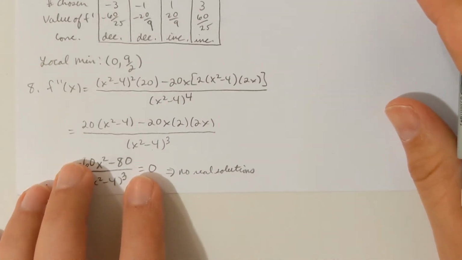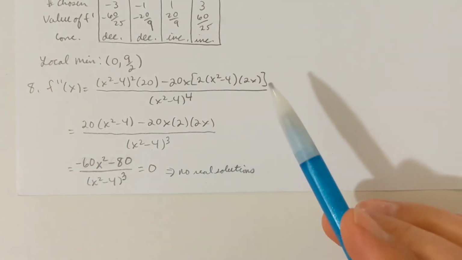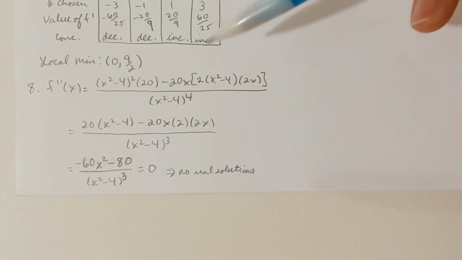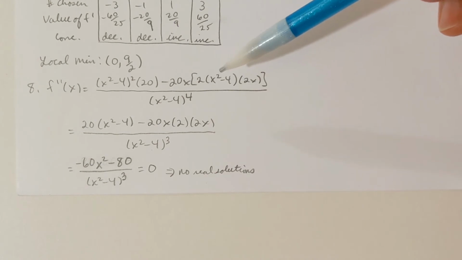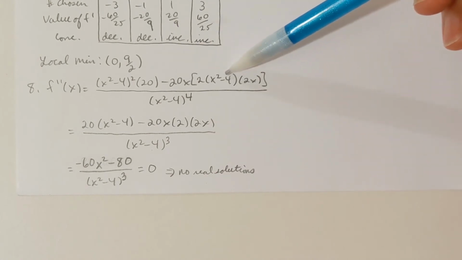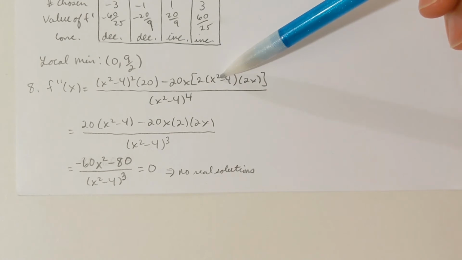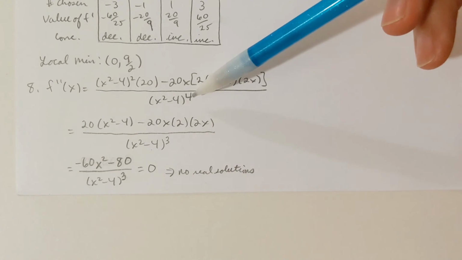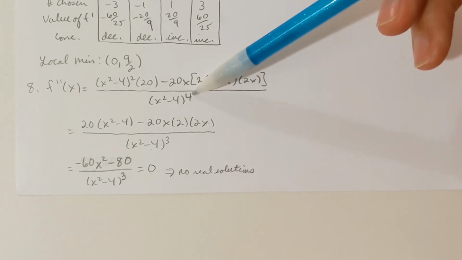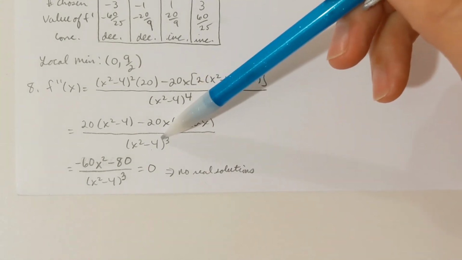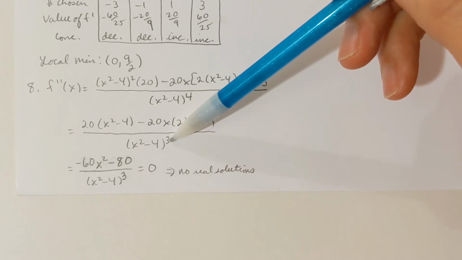I'll need to set this equal to 0, so of course I'll want to simplify. Now, to begin simplifying, x squared minus 4 is in common to these two groups in the numerator. Let me go ahead and factor out an x squared minus 4 from these two groups, and I'm going to cancel that with one of the 4 of them in the denominator. That way I'll only have 3 of them left in the denominator.